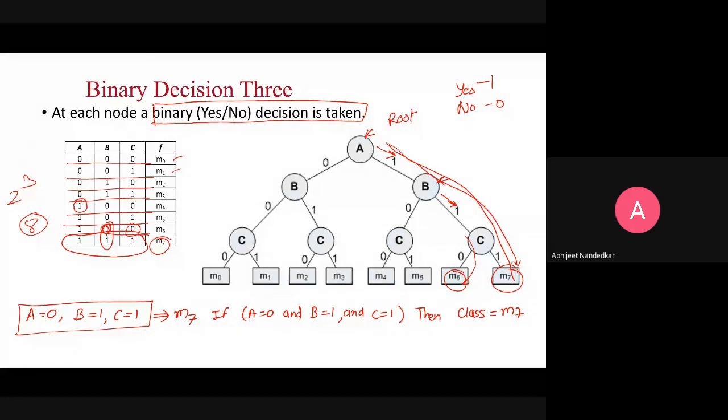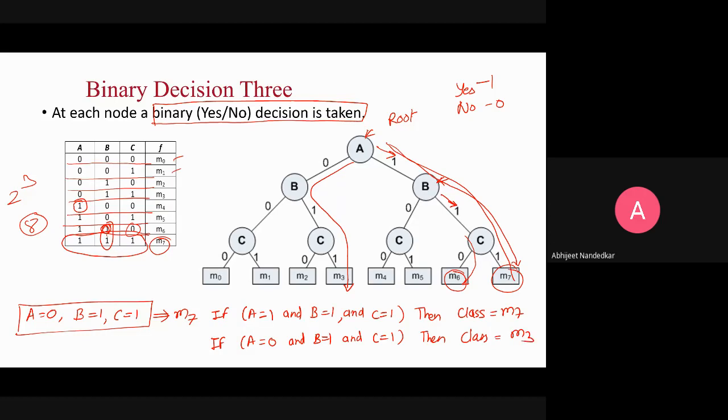Now let us randomly choose, say, this path. Now what this path is implementing, it is saying if A is equal to, so this has to be 1. Sorry. If A is equal to 0 and B is equal to 1 and C is equal to 1, then class is equal to M3.